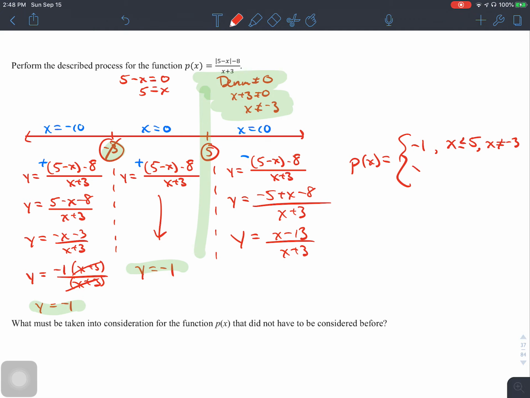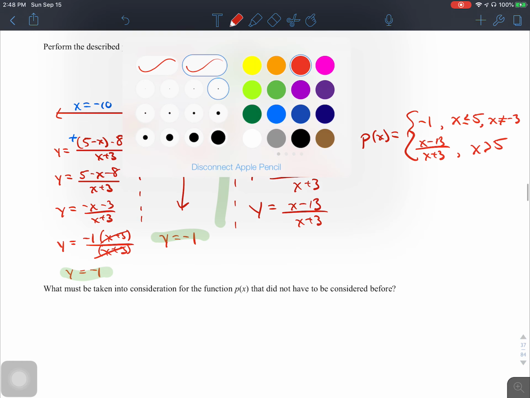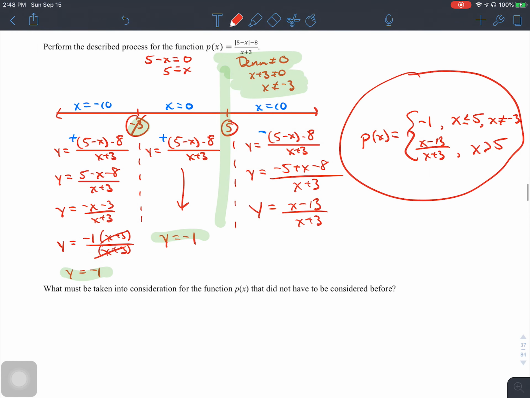And then the other part is x minus 13 over x plus 3, and that's when x is greater than 5. Once again, this underlining equal could go in either of these spots. I just wrote it in the first one for no particular reason. So this is the answer to this problem.